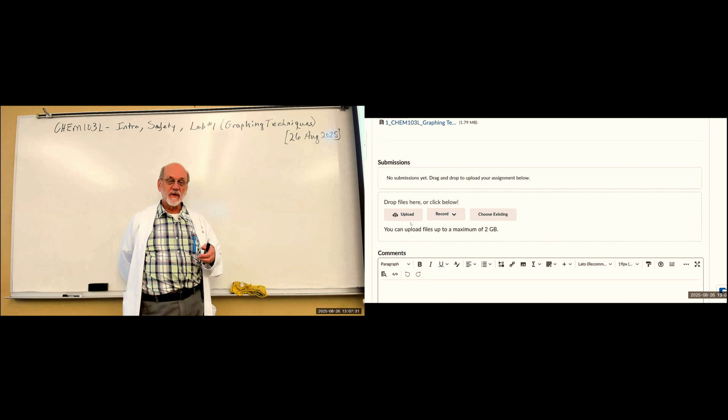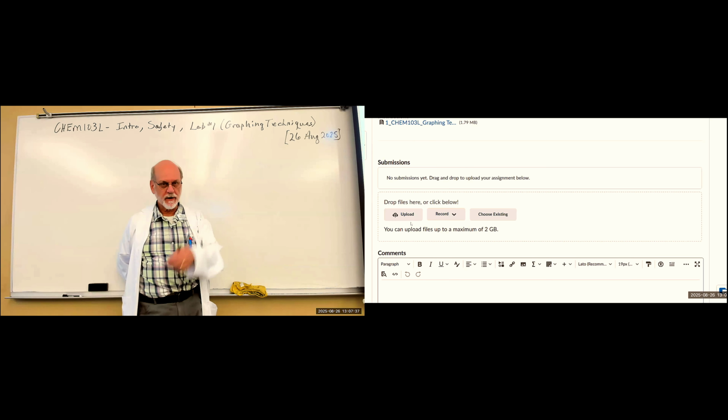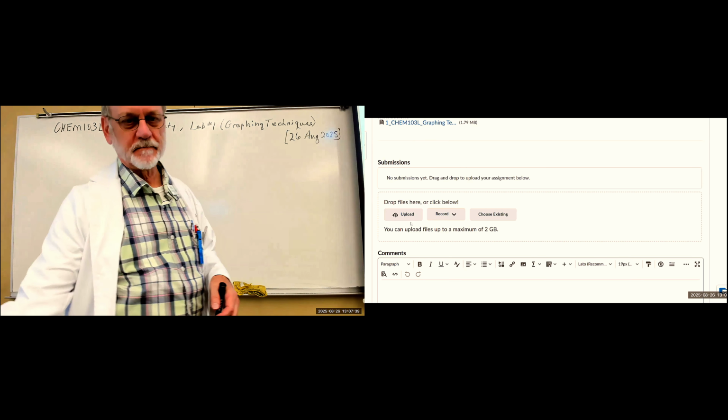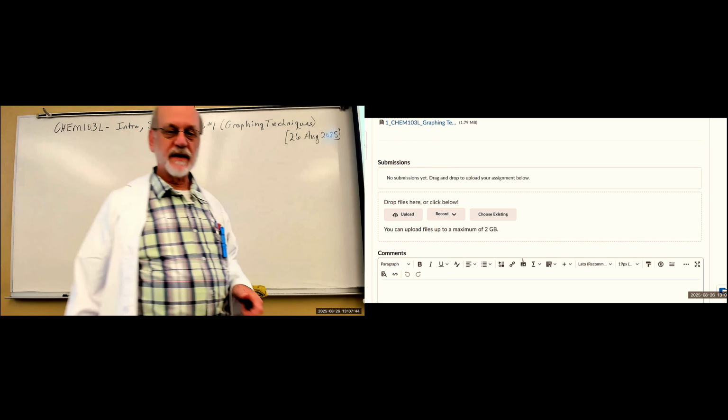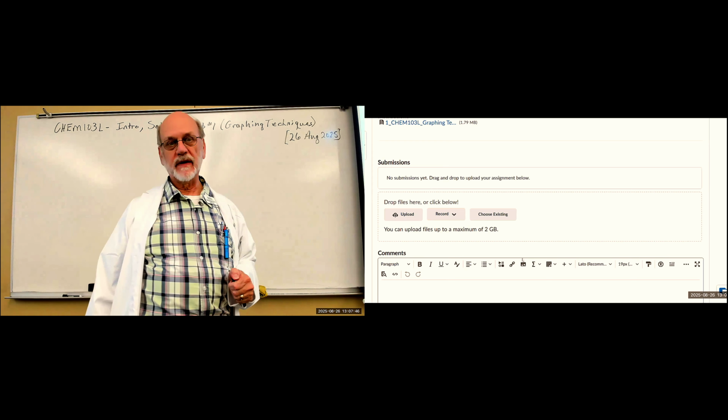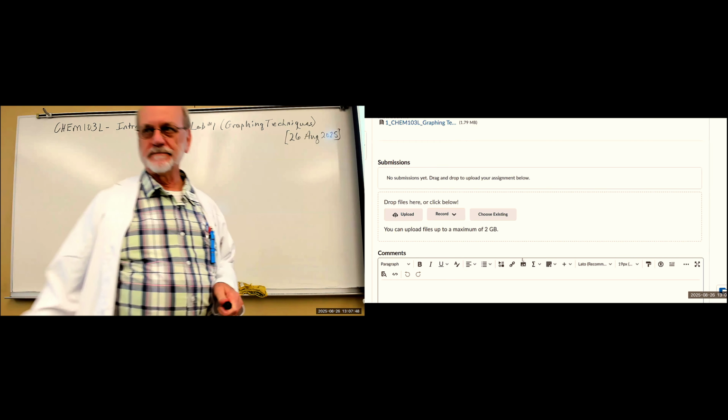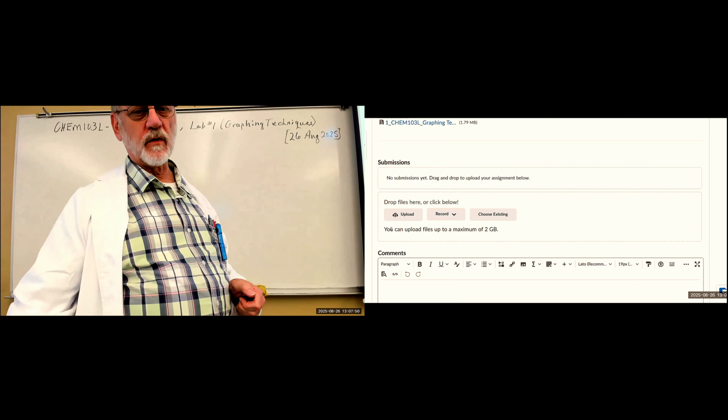So before midnight that night, you can make photocopies of it and submit it right here, upload. It's preferable if you can combine it into one PDF file. That'd be better, but I can do that if you can only take pictures.